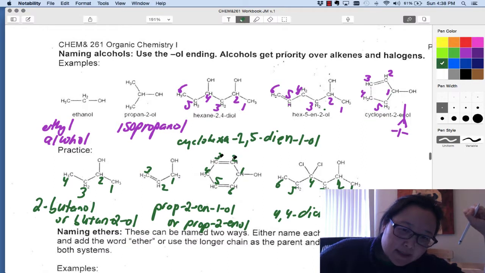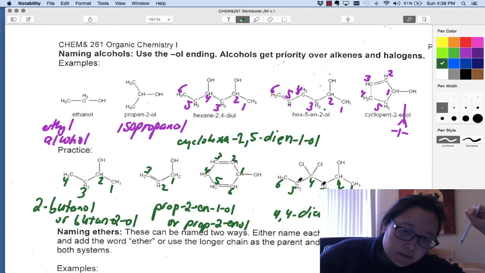This one is a cyclohexadiene, so you've got a 2,5-diene, and you want the 1 here with the alcohol group. So cyclohexa-2,5-dien-1-ol, or drop the 1. And the last one we have to number this way, and it's going to be 4,4-dichlorohexan-2-ol.